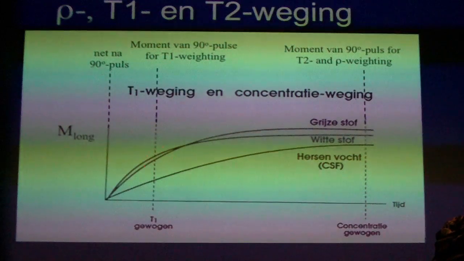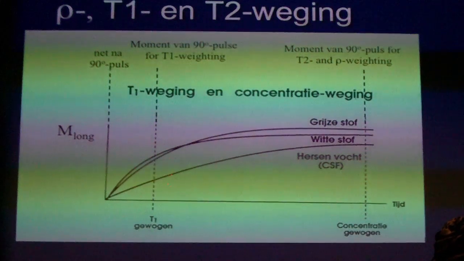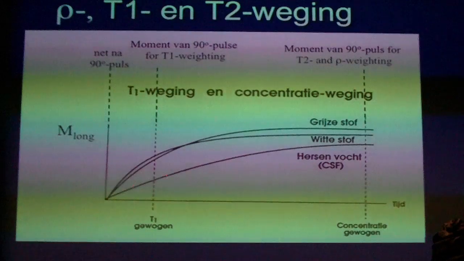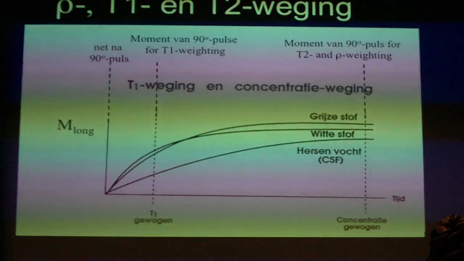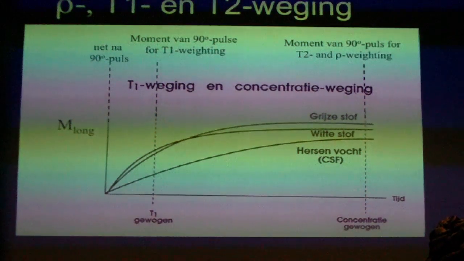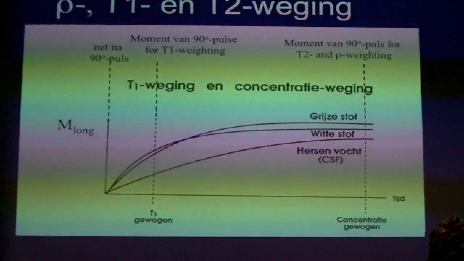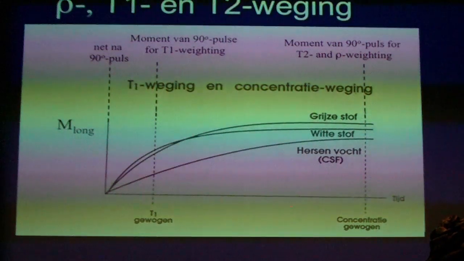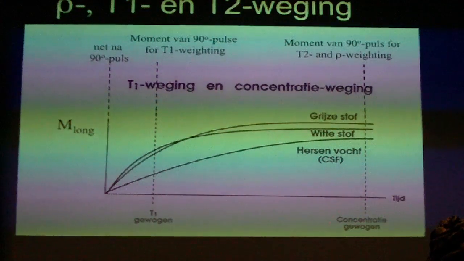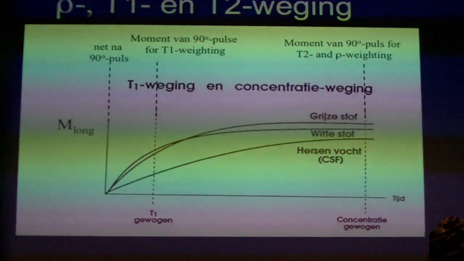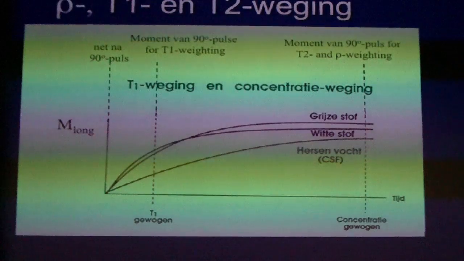So then you would get differences in contrast, in intensity. Now, if you want to have it T2 weighted or proton density weighted, you don't want to do this. You would then wait for a longer time in between excitations. So then you would choose a long repetition time.